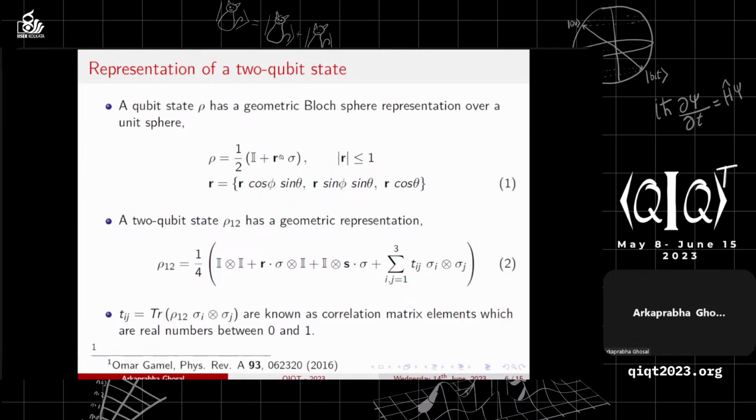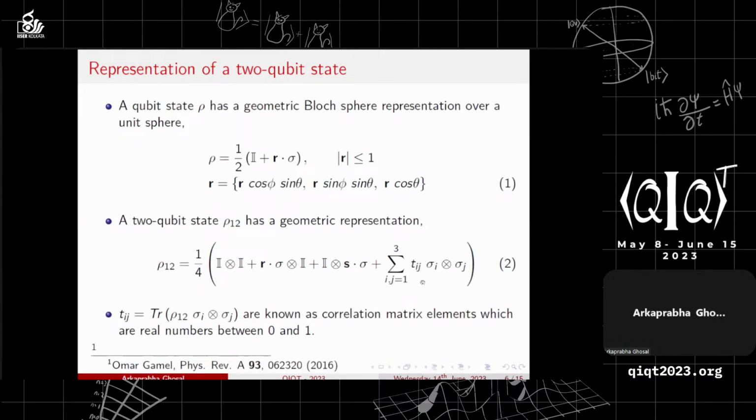The small r represents a vector whose modulus can be at most 1. A two-qubit state has a generic representation known as the Hilbert-Schmidt representation, where capital R, small r and small a are known as the local vectors or Bloch vectors for individual parties, for example, 1 and 2. And the last term is known as the correlation matrix term.